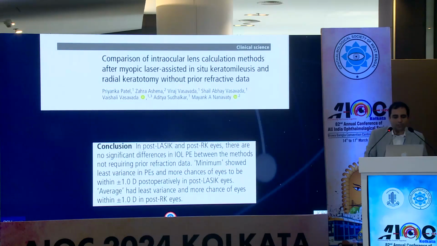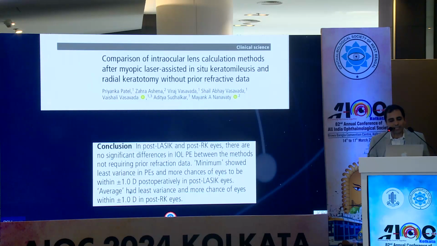We actually did our own study, which we published 3 years back, where we compared the different formulas in patients undergoing corneal refractive surgery, that is LASIK, PRK, as well as RK. And what we found was that in the post-LASIK eyes, out of the ASCRS calculator, the minimum, average and the maximum, when we chose the minimum, we had the maximum number of eyes within plus or minus 1 diopter.